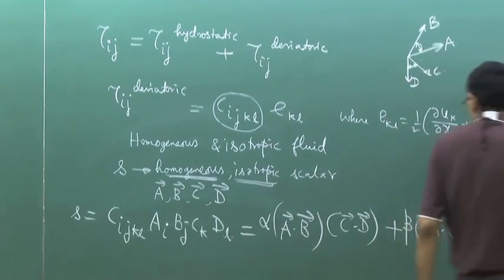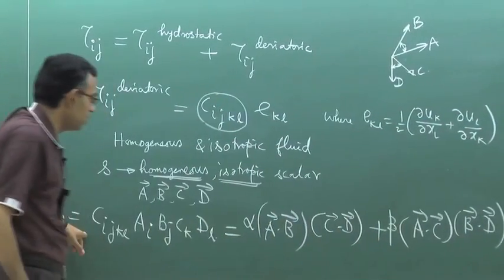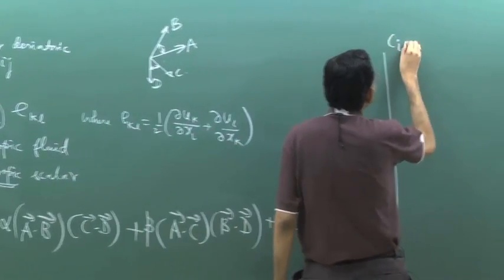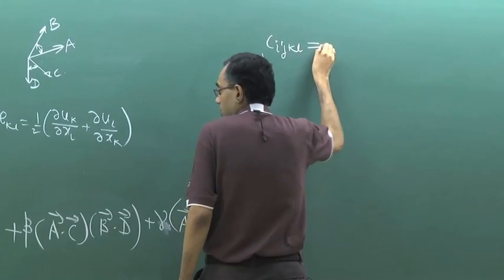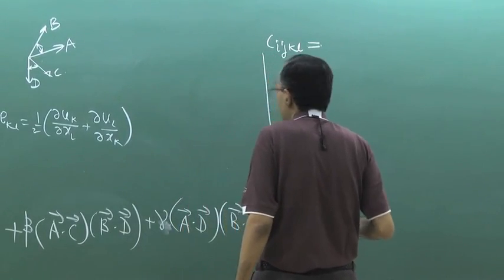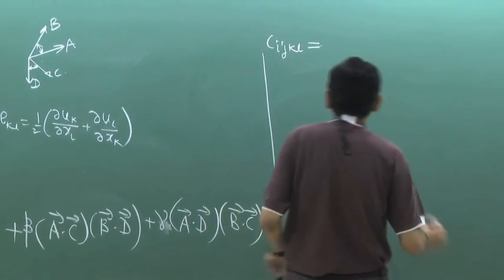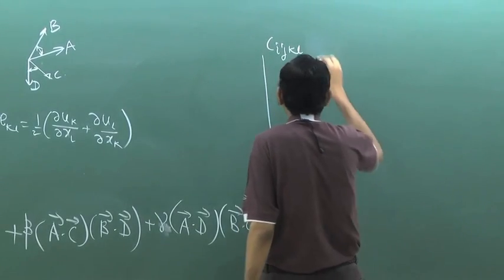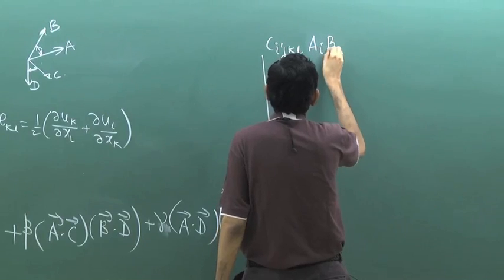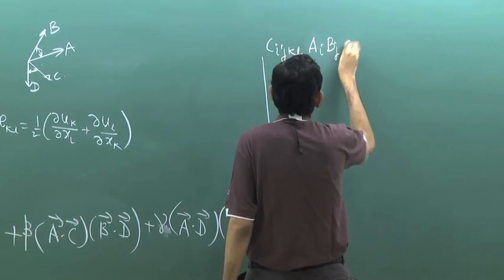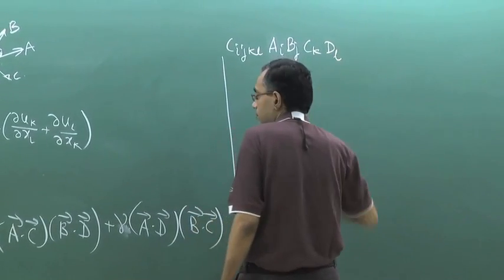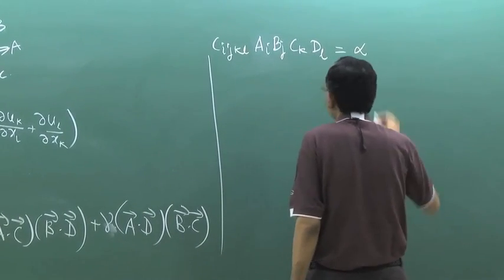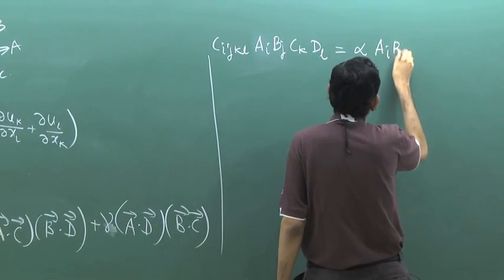Now we will write this expression in index notation. So C_ijkl into A_i B_j C_k D_l is equal to alpha A_i B_i.